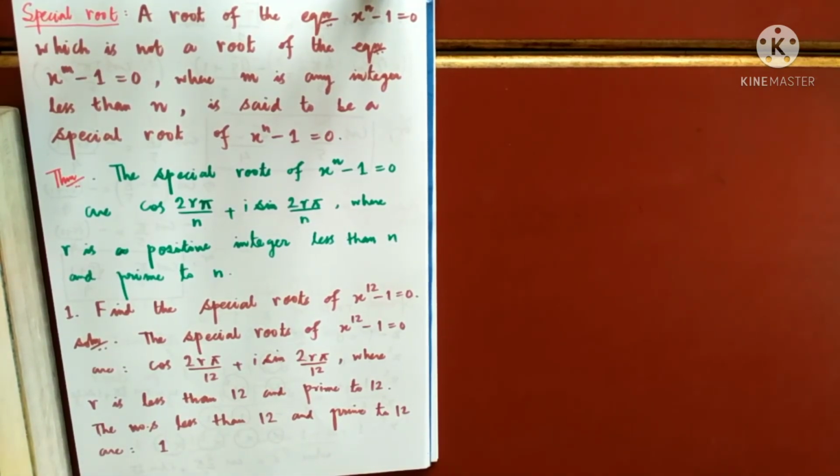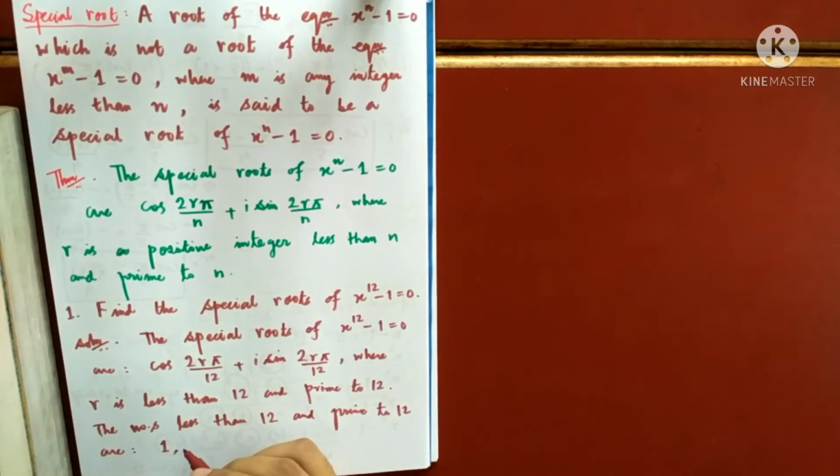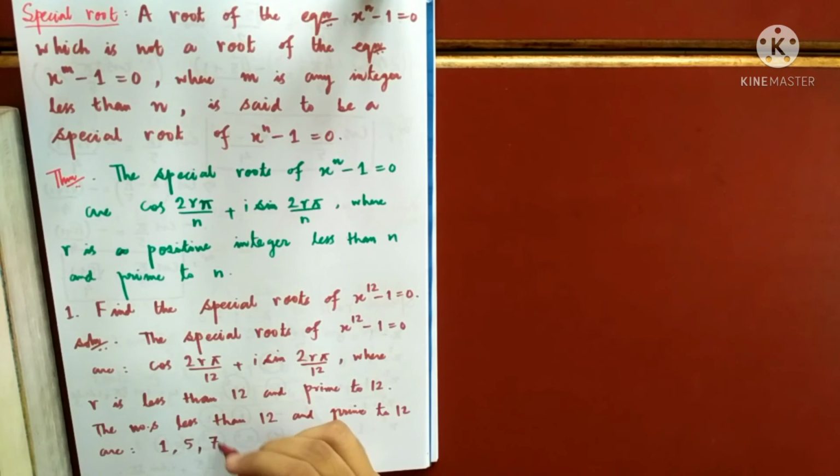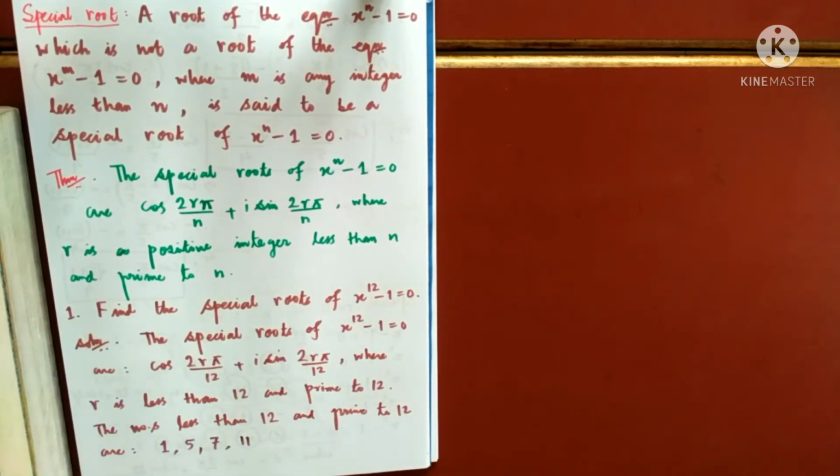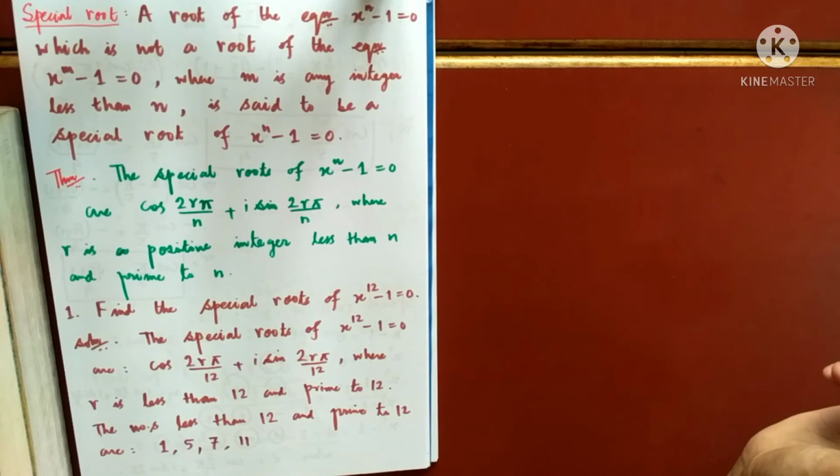Why not 1? 1 is also there. GCD of 1 and 12 is also 1. So 1, 2 is not prime, 3 is not prime, 4 is not prime, 5 is prime to 12 because the GCD of 5 comma 12 is 1. 6 is not prime to 12, 7 is prime to 12, 8 is not prime, 9 is not prime, GCD is 3, 10 is not prime, GCD is 2, 11 is prime to 12. These are the four of them which are prime to 12 and less than 12.